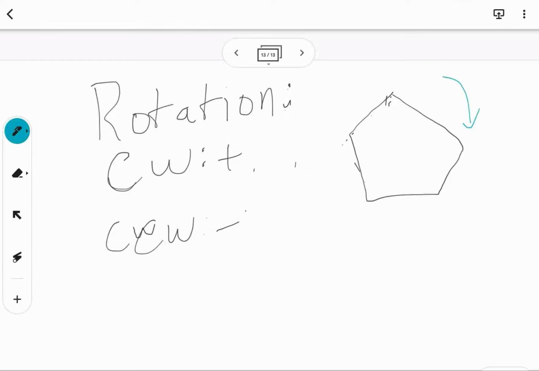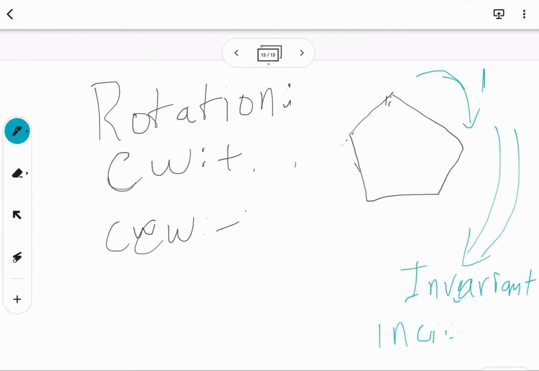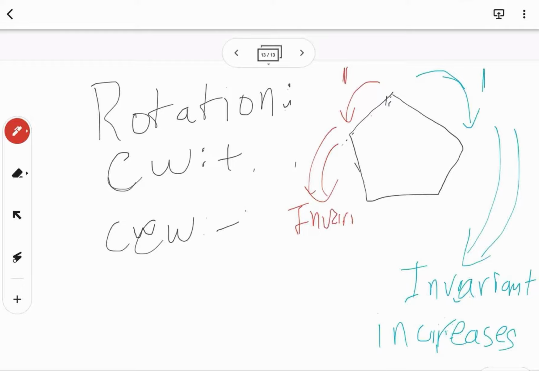If we move 1, then the value of our invariant adds 1, so the invariant increases. And if you do the reverse, going the opposite way by 1, then the invariant decreases.